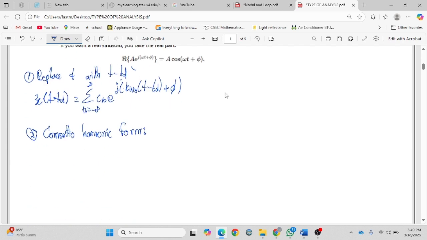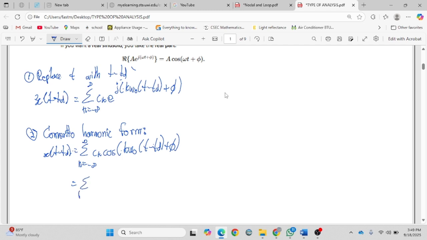So this up here will just become the sum k equals minus infinity to infinity of ck cos(k omega naught (t minus td)) cos phi. And we can rearrange it a little bit.